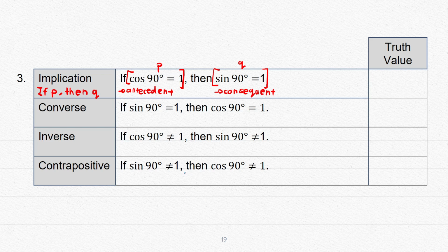So since 0 is not equal to 1, P is false. Is Q true or false? True.